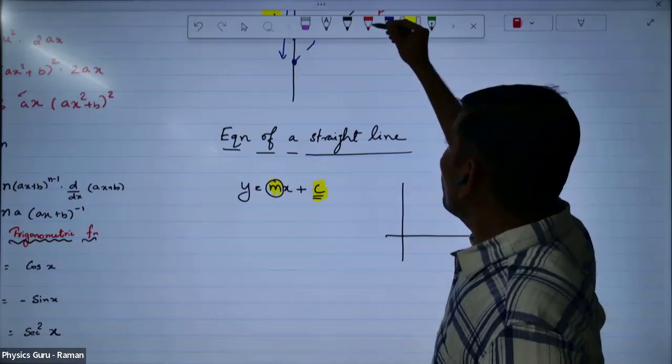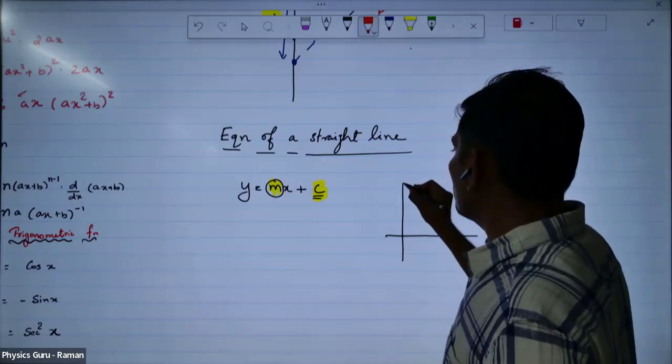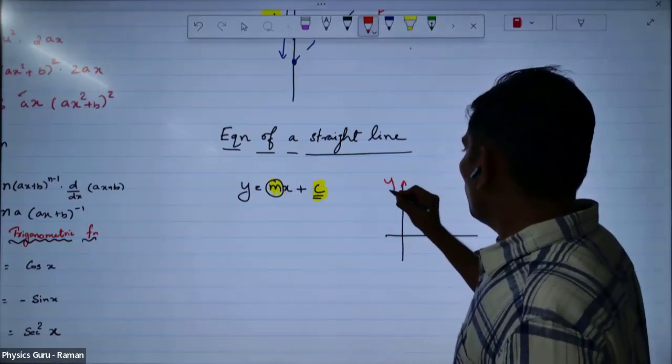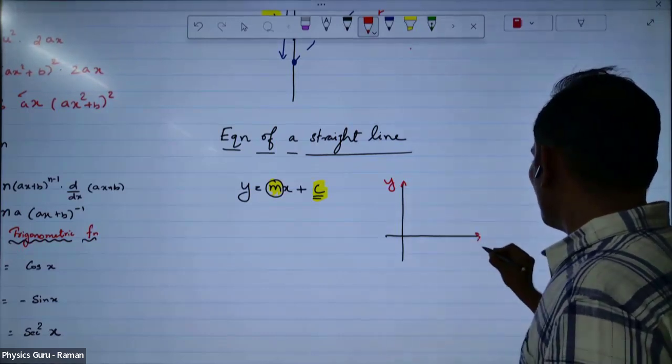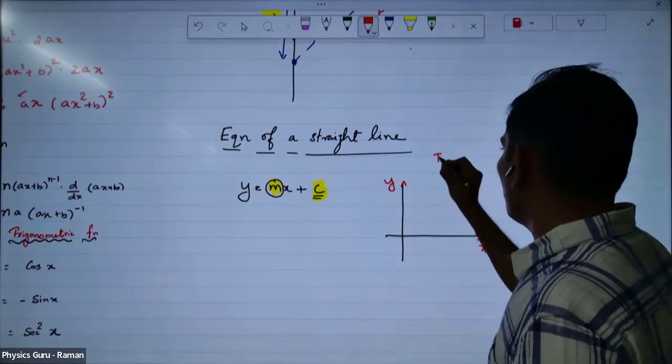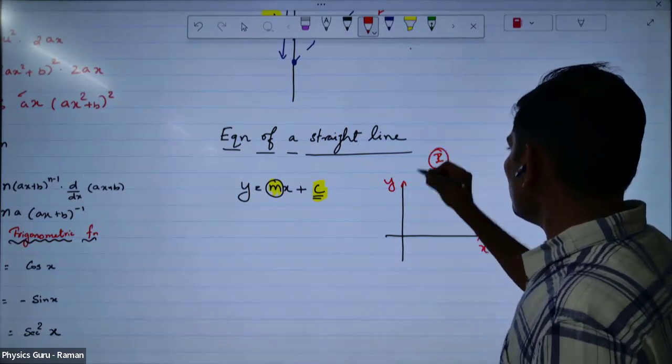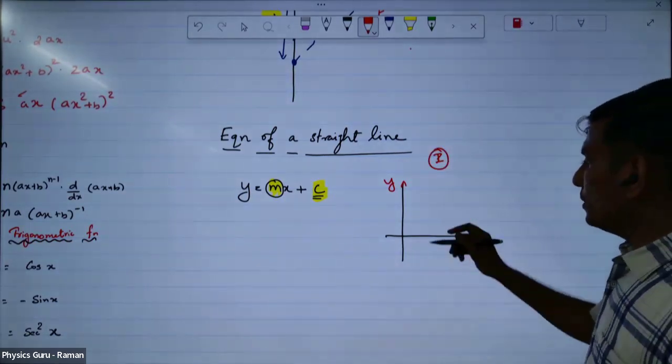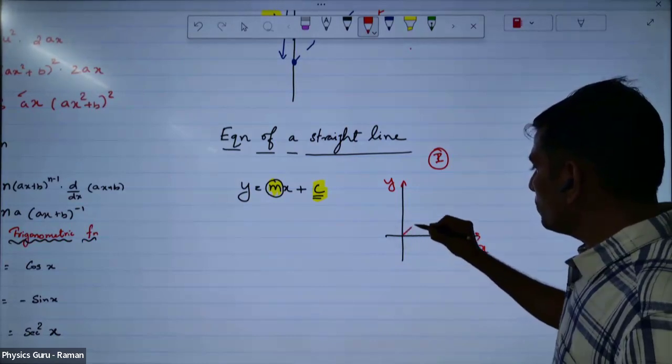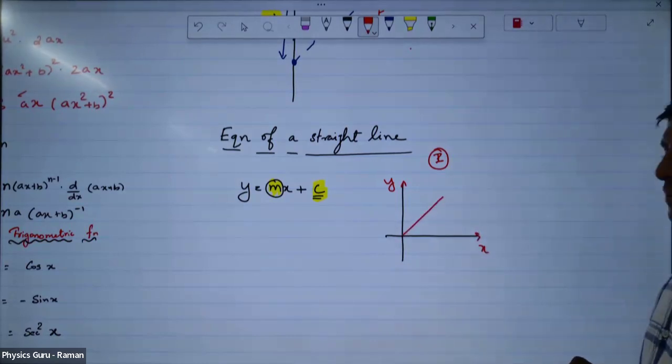Now watch this. I'm going to draw two graphs. Y axis, x axis. This is graph number 1. And this graph starts from 0 and grows.